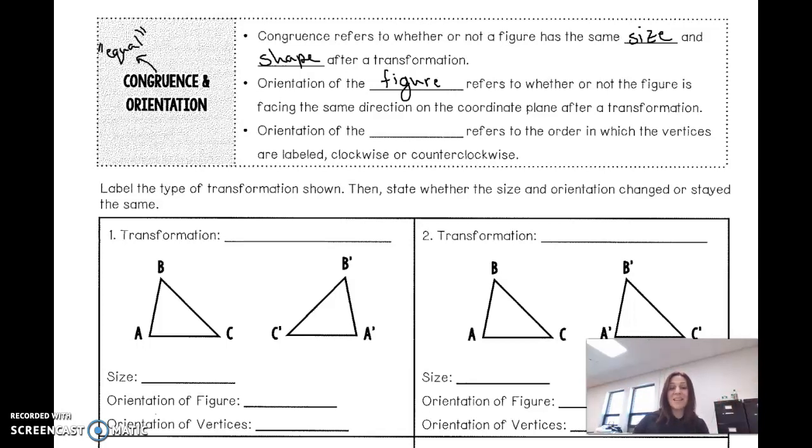Now, orientation of the vertices. Vertices, those are the points, right, that come together that we usually put a letter at. So orientation of the vertices refers to the order in which the vertices are labeled, whether we're turning clockwise or counterclockwise, okay?